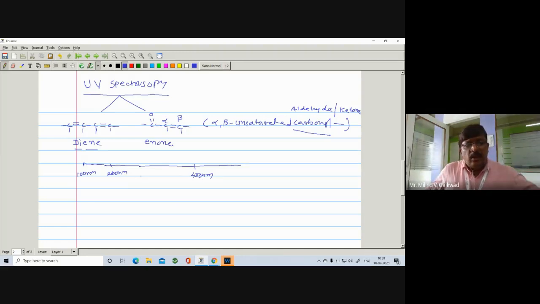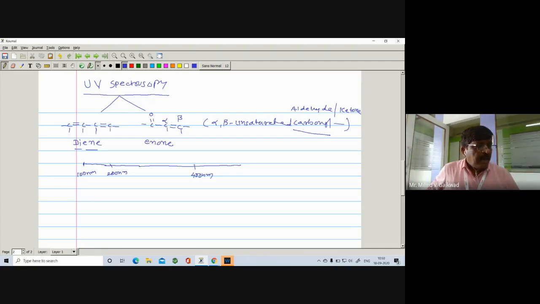This 100 to 200 nanometer is not so useful from an organic point of view. We are interested only in 200 to 400 nanometer. It is called ultraviolet radiation.